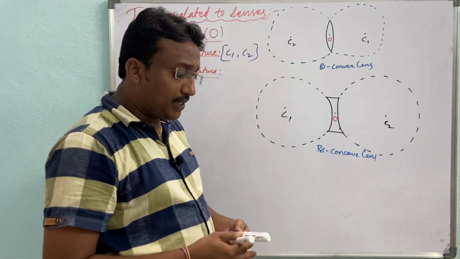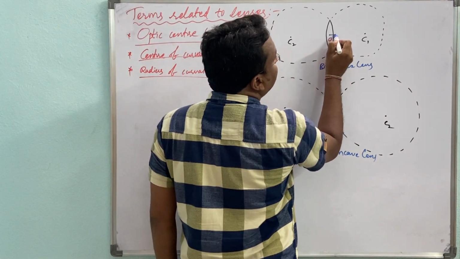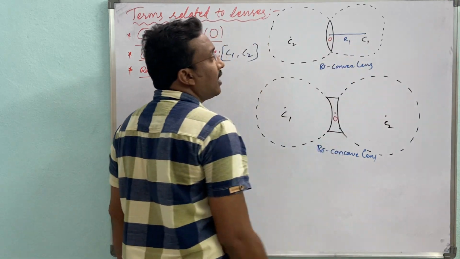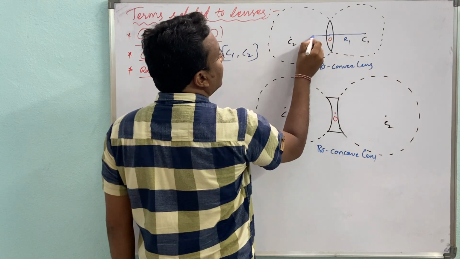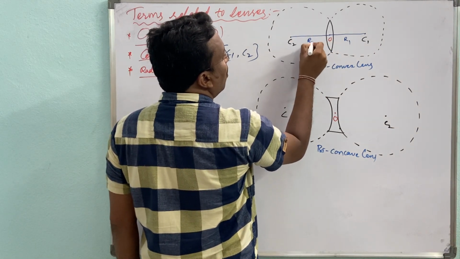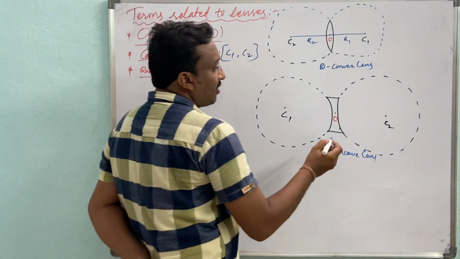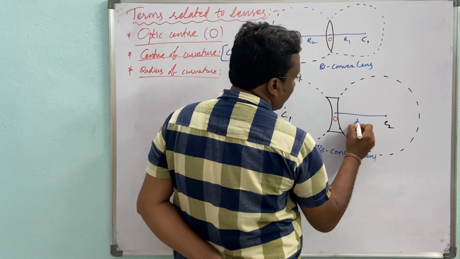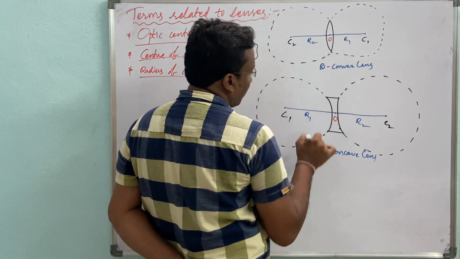The distance between the optic center and the center of curvature, right? This is R2. Here the distance between the optic center and the center of curvature is R2, and this is R1.